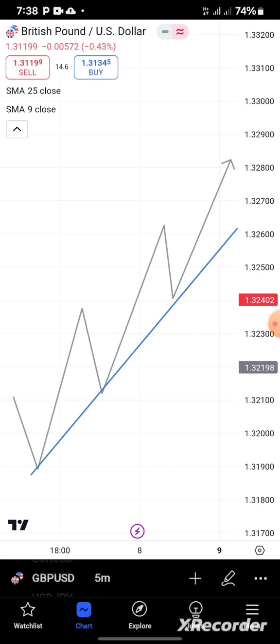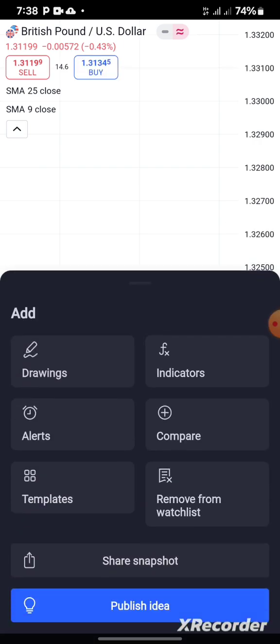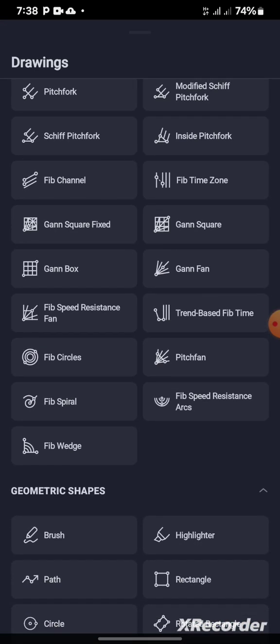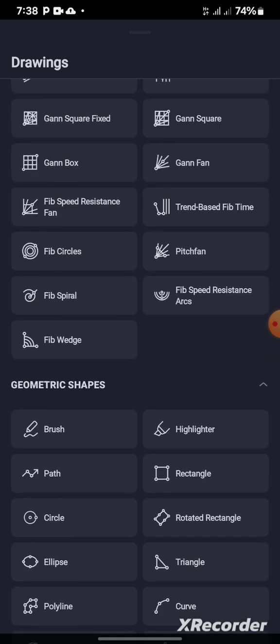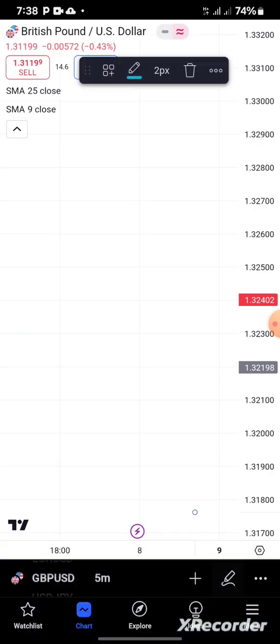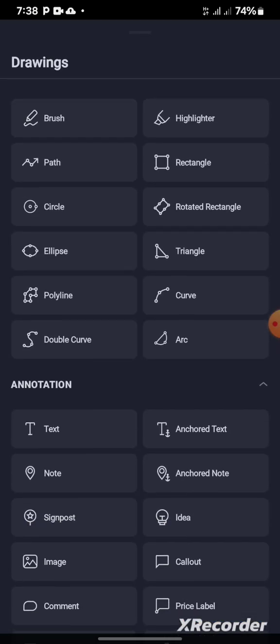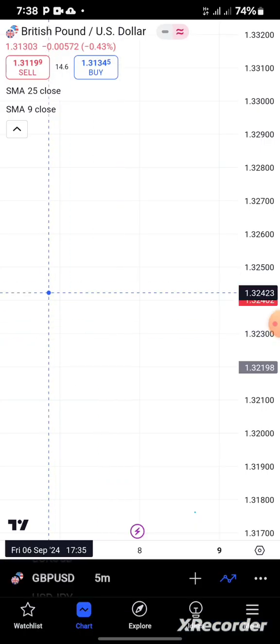Let me show you this scenario. Basically supply and demand is like this.